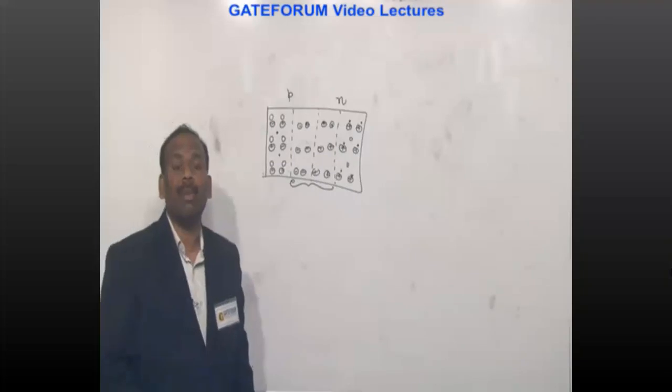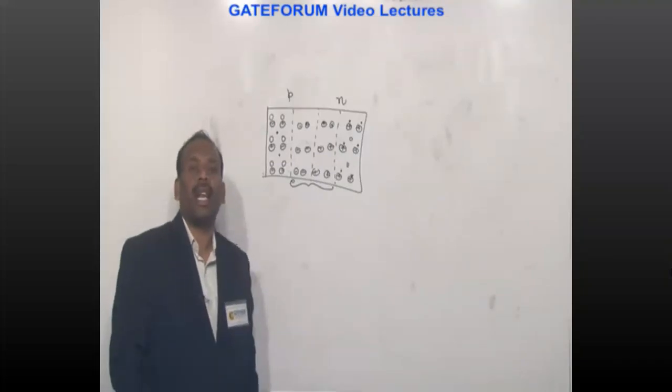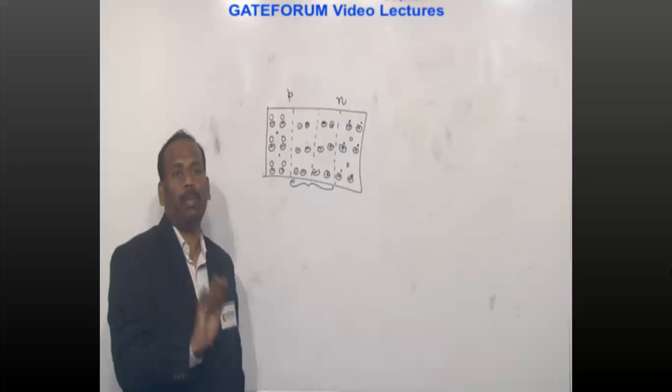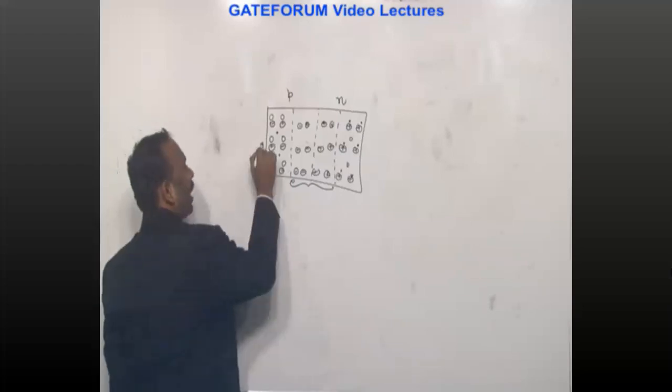That means it's acting as a barrier. It will not allow the majority charge carriers from P to N or N to P.